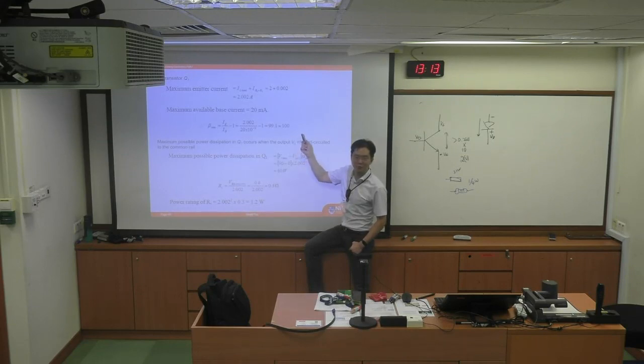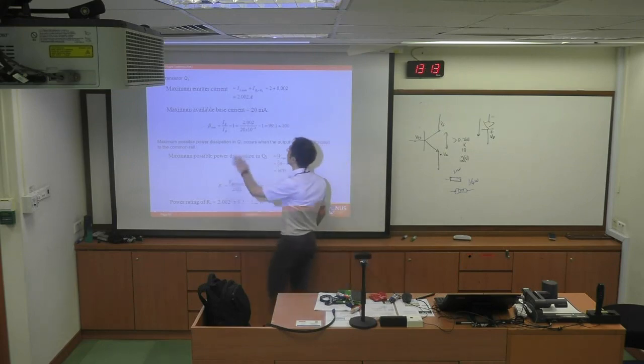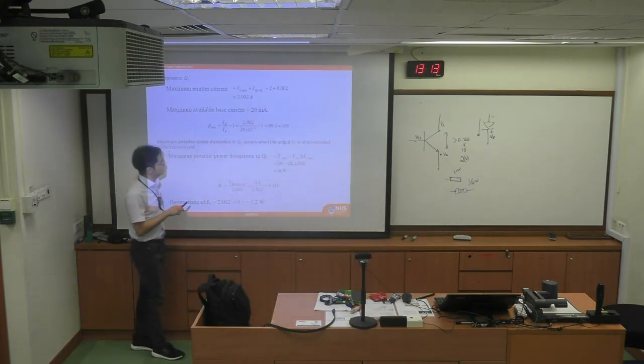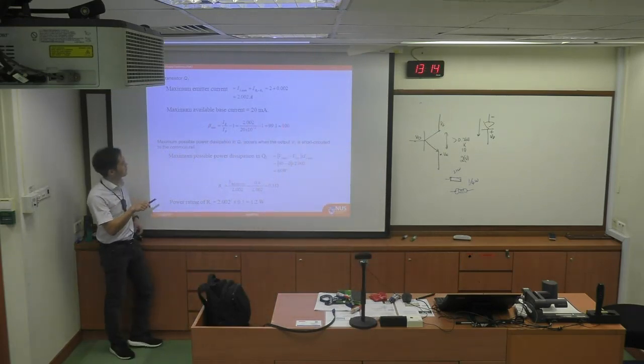This is less than 0.1% difference. The maximum available base current is 20 milliamp, assuming this is a nominal BJT with beta of 100. If I use a power BJT, the beta is not 100; it will probably be 20 to 30, so the maximum base current will be even higher.